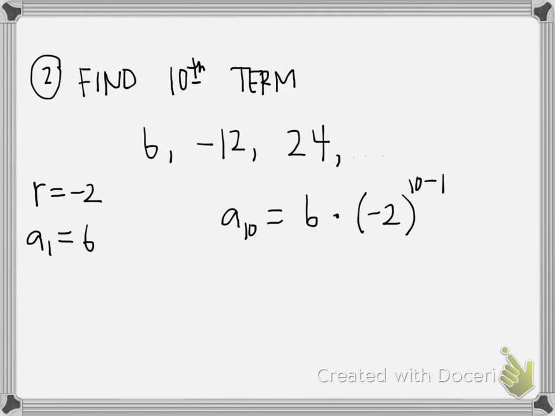Make sure you put that negative in parentheses, so negative 2 raised to the 9th power, and then multiply that times 6. So a to the 10th is negative 3072.